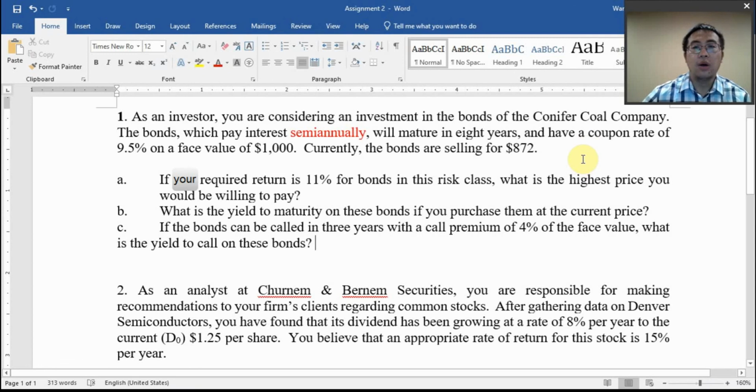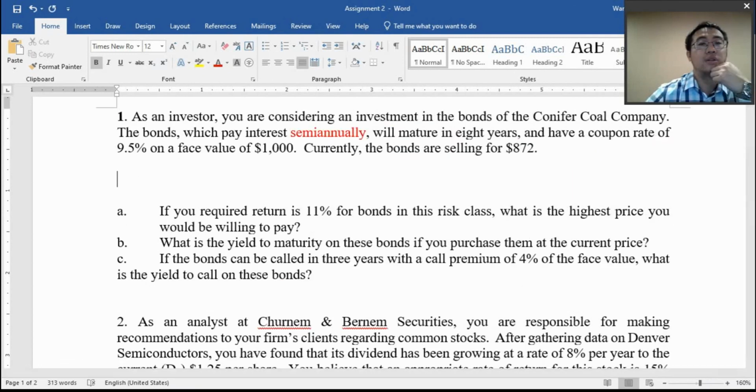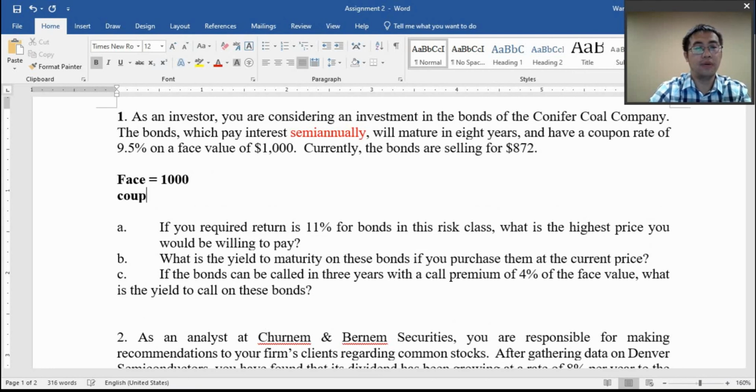In order to answer all these questions, you first need to know the specification of the bond, or what the fixed terms in this bond contract are. First of all, you should know that the bond face value is always $1,000, and it also has a coupon payment. So what is the coupon per period?